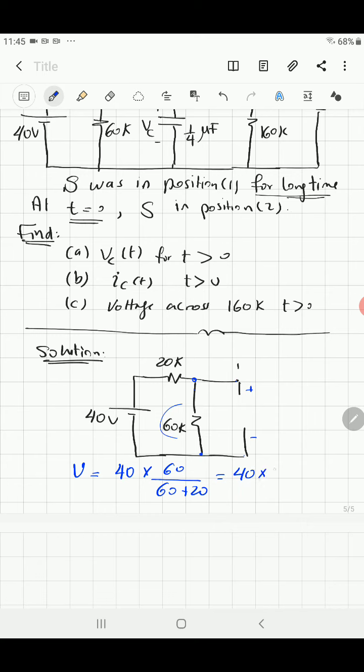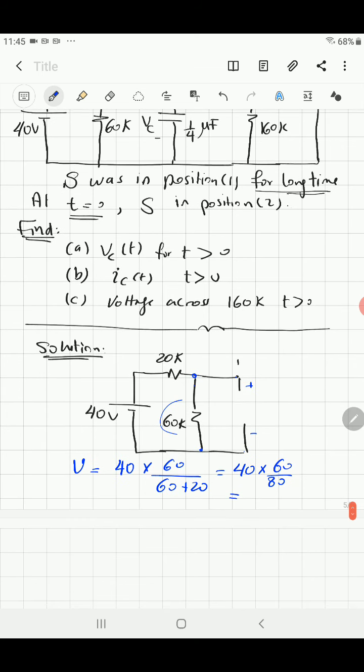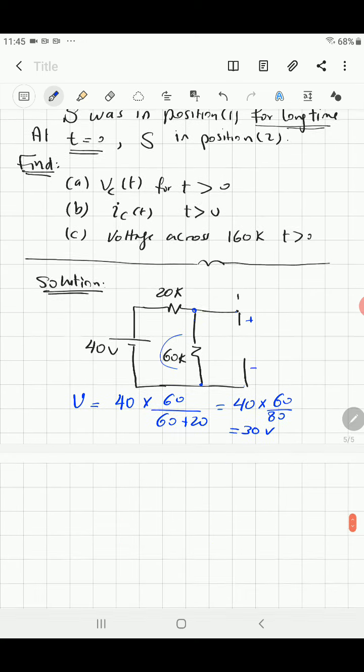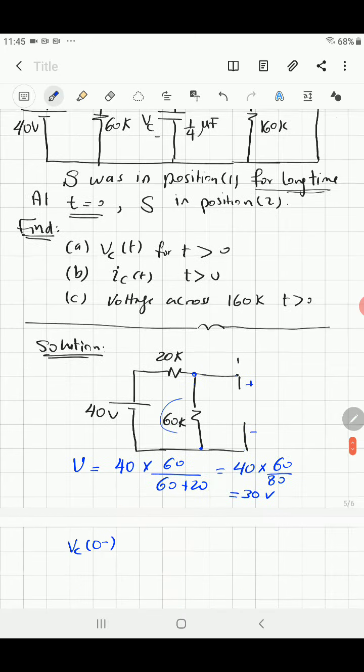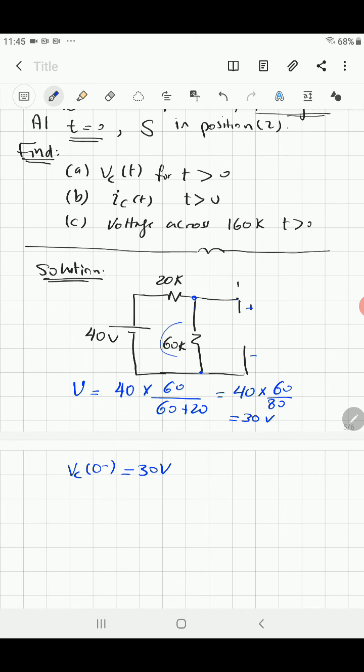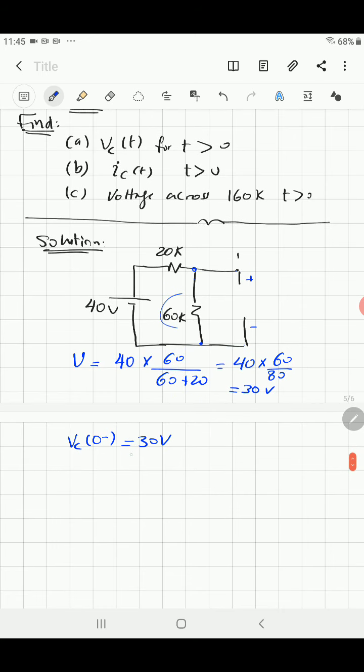It will be 40 times 60 over 80, which gives 30 volts. So the voltage across the capacitor for t before 0, just before the switch moves, was 30 volts. And we know that the capacitor cannot change its voltage instantaneously; it takes time. So just after switching, the voltage is still the same. That's the main rule for the capacitor. So the voltage at time 0 is equal to 30 volts.